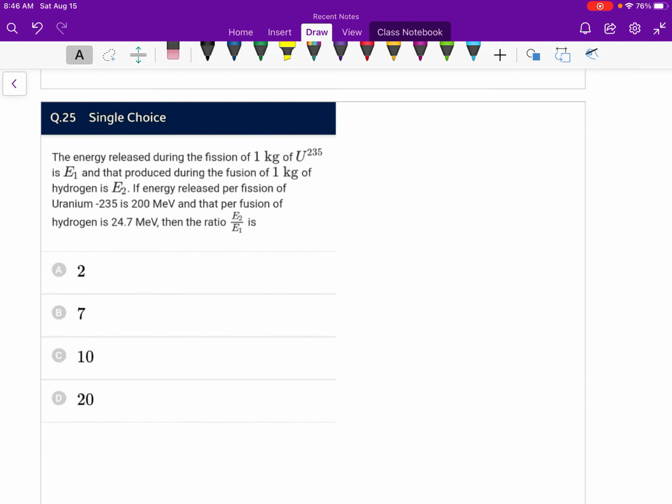The energy released during the fission of 1 kg of uranium is E1, and during the fusion of 1 kg of hydrogen is E2. Find E2 by E1.